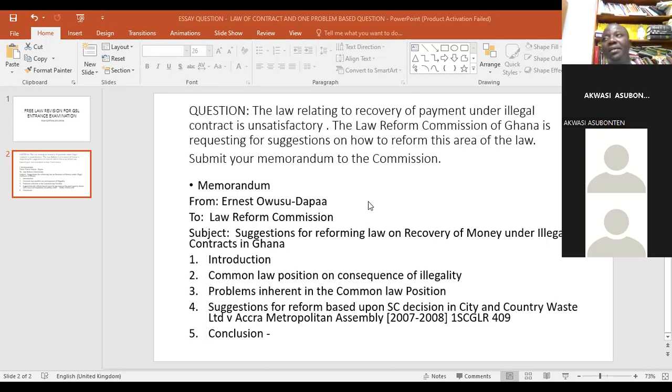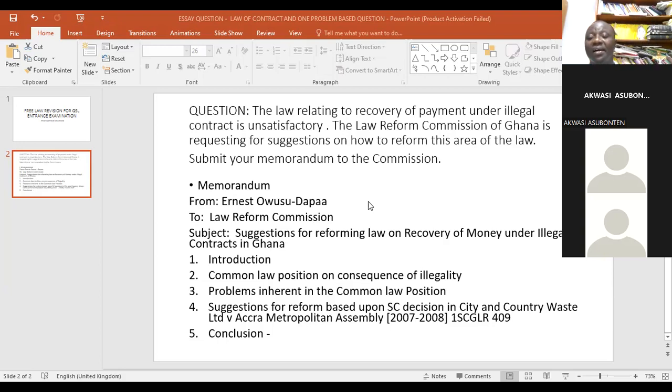and then attempt to identify or discuss the problems, the challenges inherent in the common law position as far as recovery of payment under illegal contract is concerned.